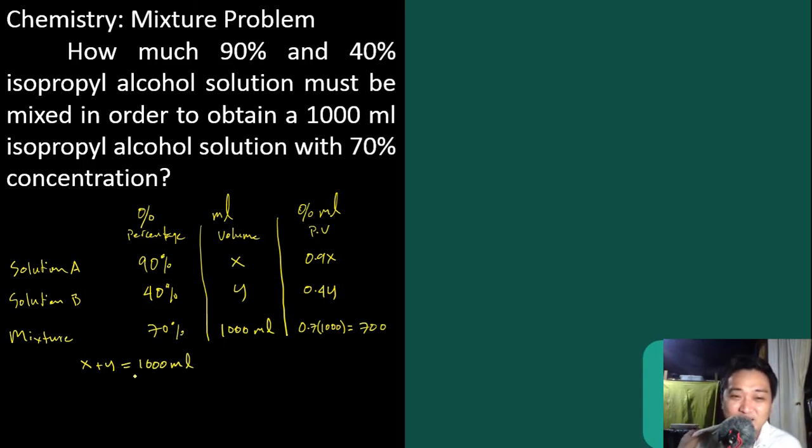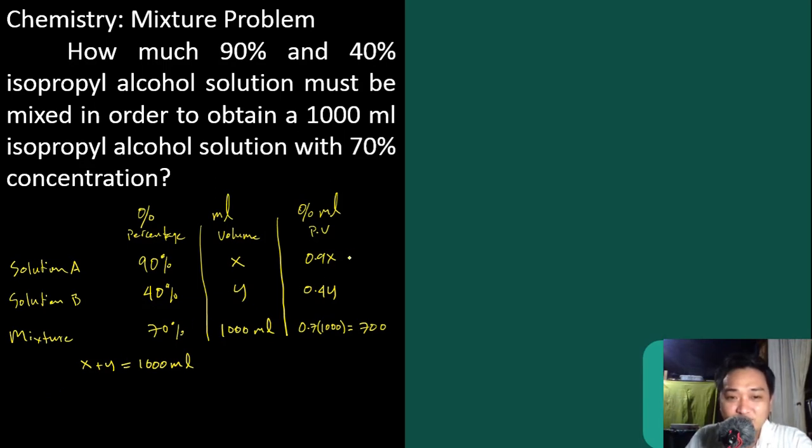Ibig sabihin, pag pinaghalo natin yung volume ng solution A na may 90% concentration at saka yung solution B, which is Y, dapat ang output natin is 1,000 ml. Parang ano din to, kawangki din to nung investment. Hindi sila nagkakalayo nung dalawang problem. Ang pinagkaiba lang, kasi yung nauna nating example, it deals with money. Ito naman, it deals with mixture. Imagine, nagagamit din pala yung concept na to in chemistry.